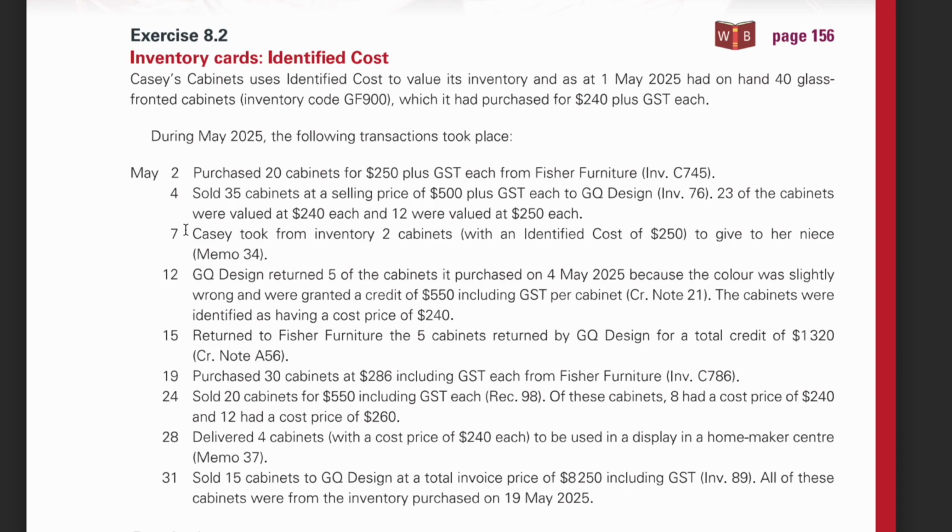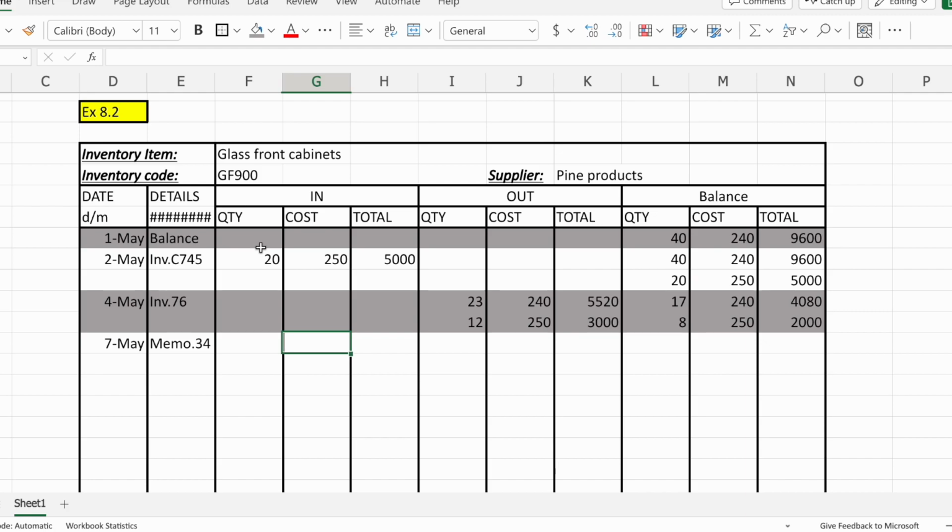On the 7th of May, Casey took from inventory 2 cabinets with an identified cost of $250. So we already know that we have inventory worth $250, and they took 2, so it's like a withdrawal, which are always recorded in a memo. They're not selling it, but taking it out for personal use. So it is going out of the business at 250, and of course 2 times 250 is 500.